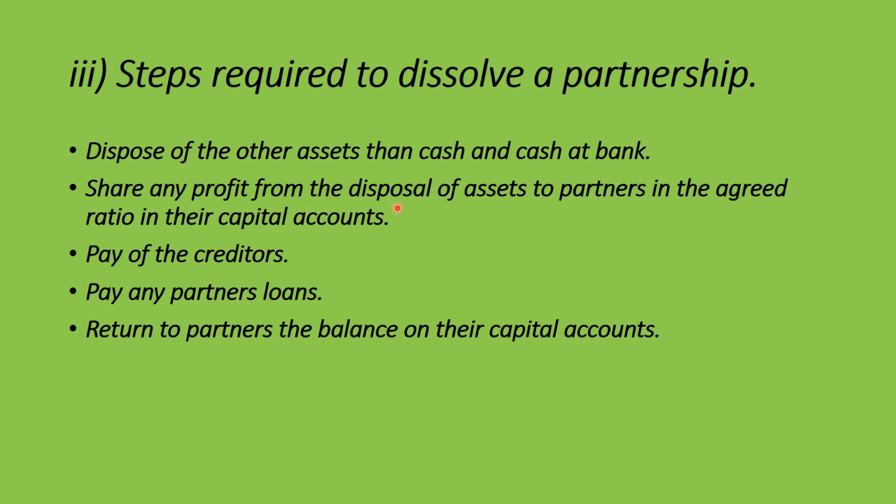And you're going to pay the creditors next, then pay any partners' loans, and then you return to the partners the balance on their capital account. So it should go in a similar order.